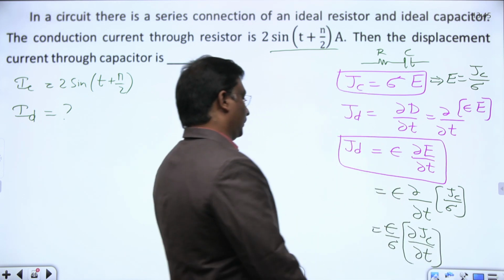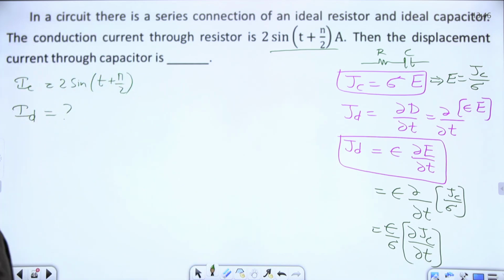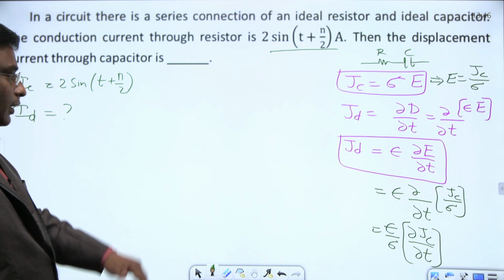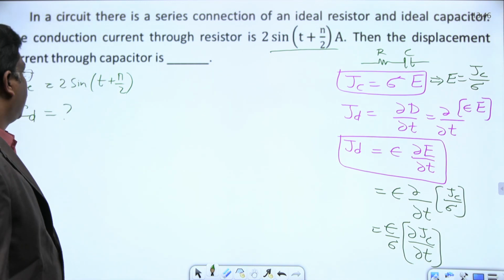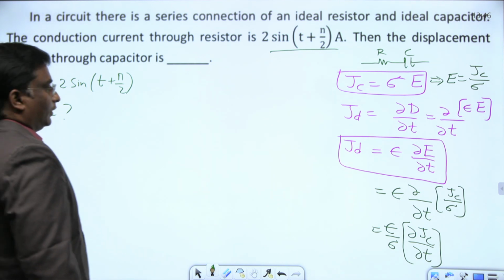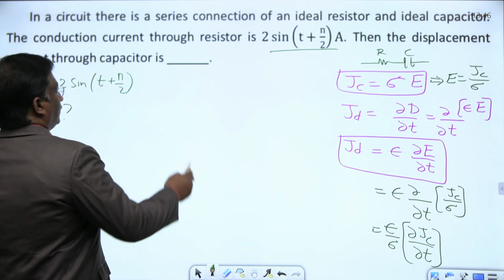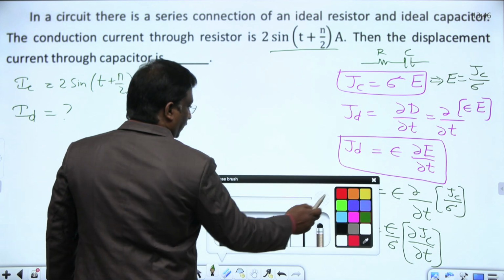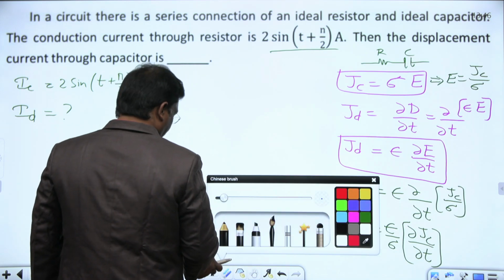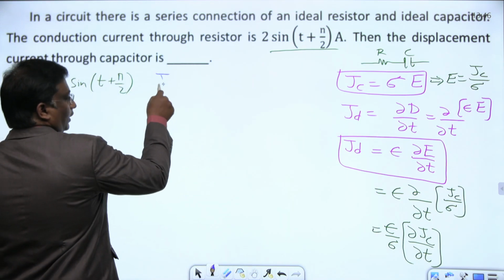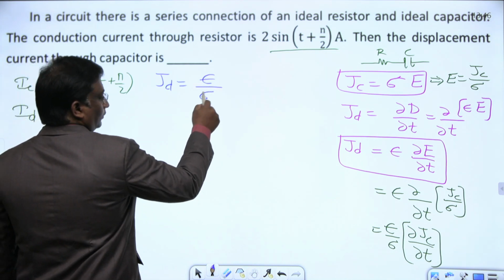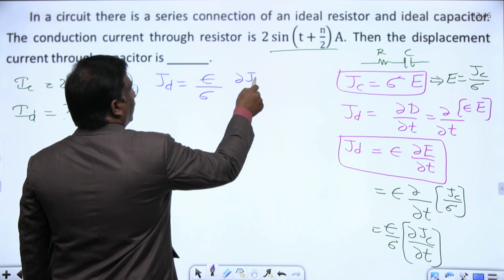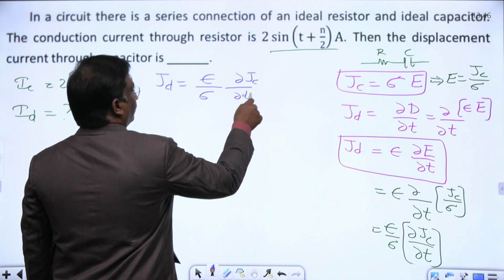That epsilon by sigma is nothing but your time constant RC, R into C. Since they have given IC and ID, see here, I expressed everything in terms of densities. JD equal to epsilon by sigma into dou JC by dou t.